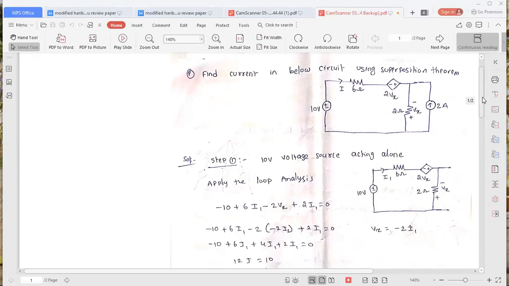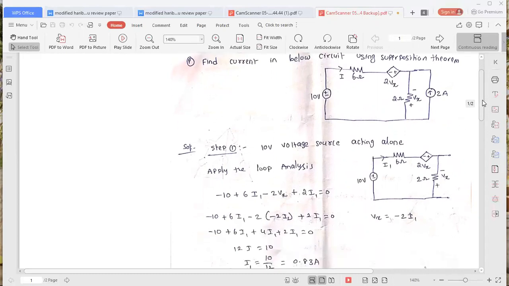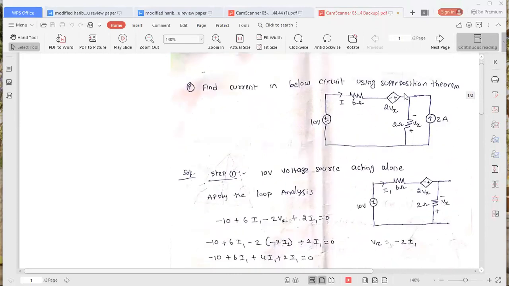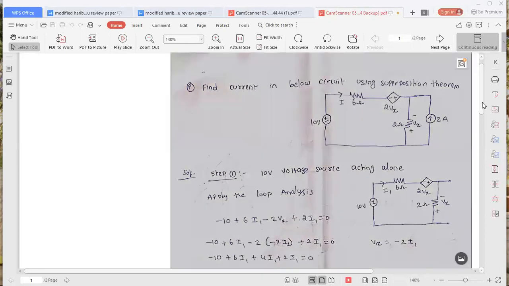You should not disturb the dependent sources and the resistance positions. We do not disturb this network, even the dependent sources.